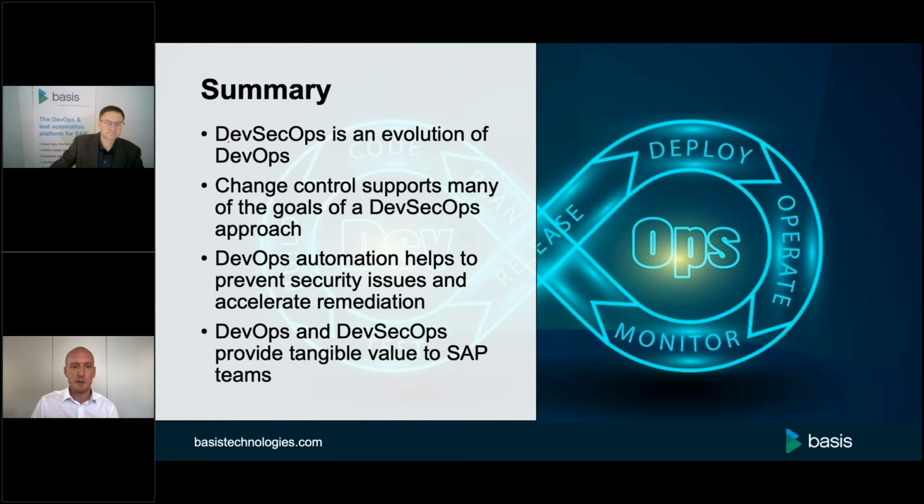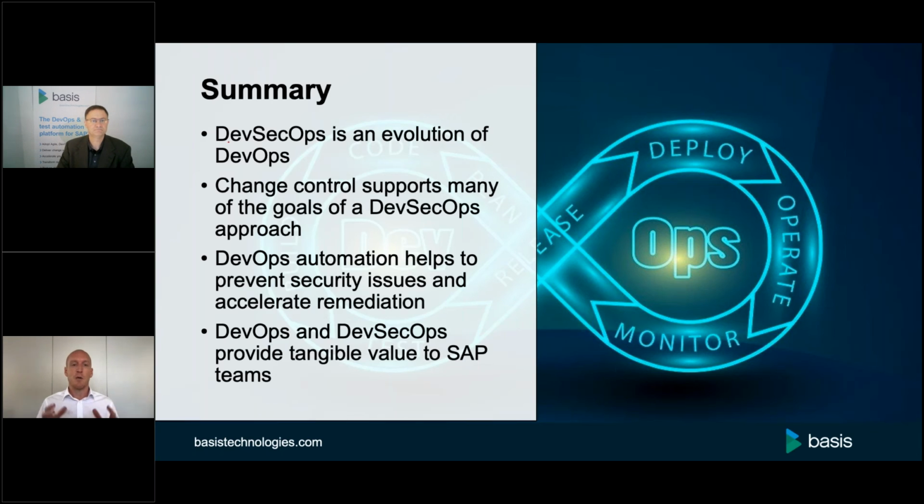So that brings us to the end of today's webinar. A little bit quick at the end there just to wrap up for time, but let's just quickly recap what we've covered. We talked about how DevSecOps is really just an evolution of DevOps in SAP or anywhere else actually, and it's about bringing security into those cross-functional teams and thinking about that from day one as a specific concern.